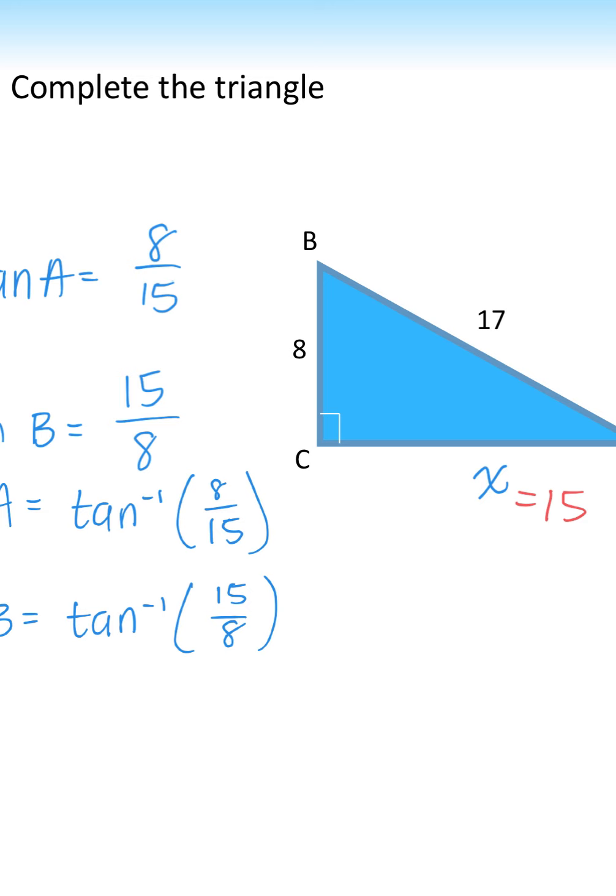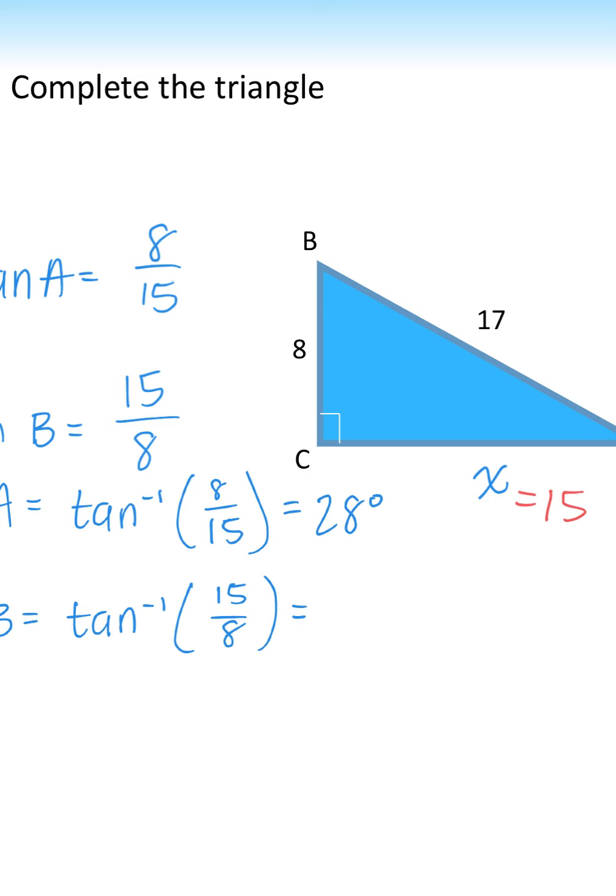So we want to find the tangent inverse of 8 divided by 15. We get 28.07. Round to the nearest degree, that's going to be 28 degrees. Okay? So A is 28 degrees. What about B?